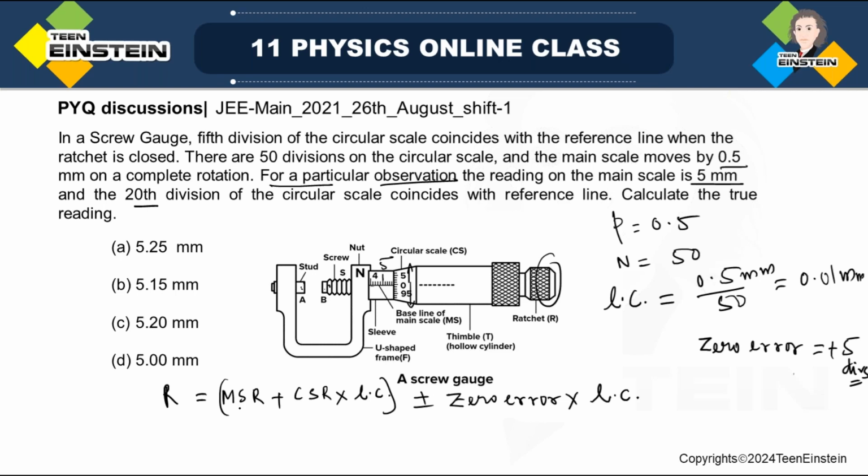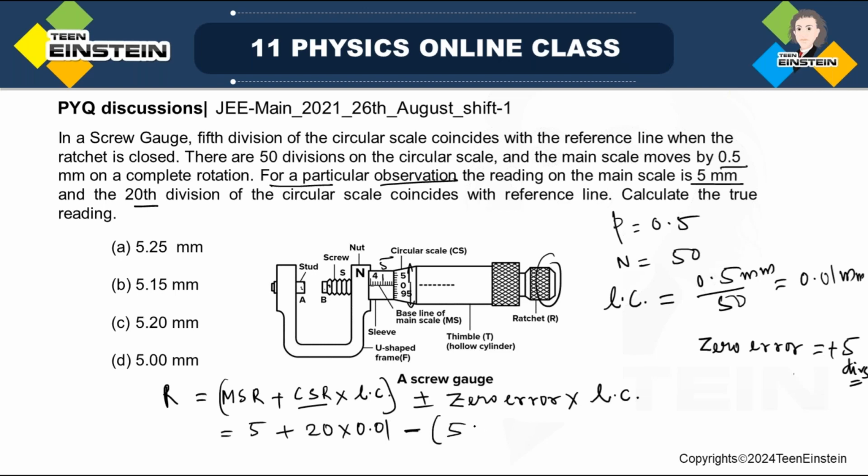That means you have to get the main scale reading, that is 5 millimeter. The circular scale reading is 20, least count is 0.01, this is also in millimeter. And here see, when I have got positive error, you have to actually subtract the error.